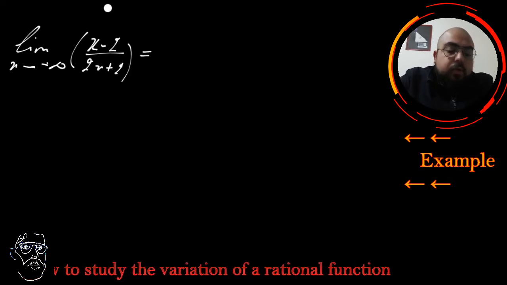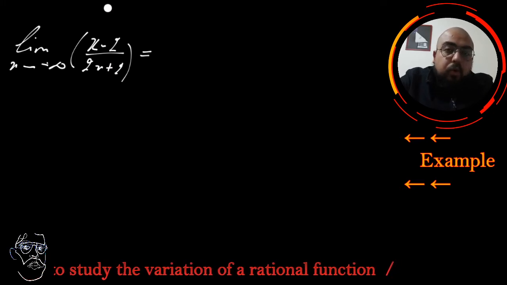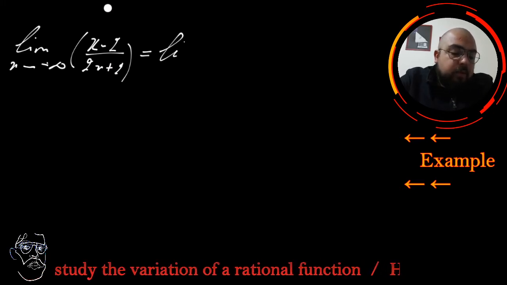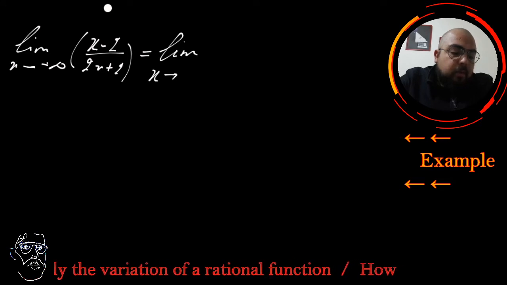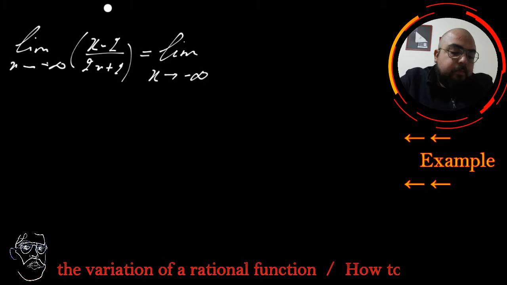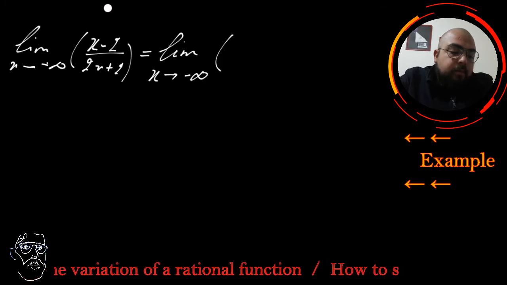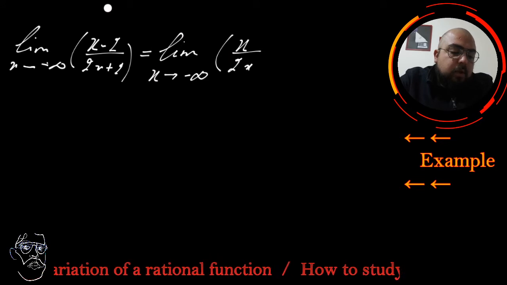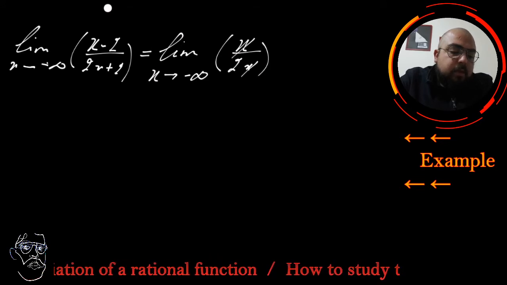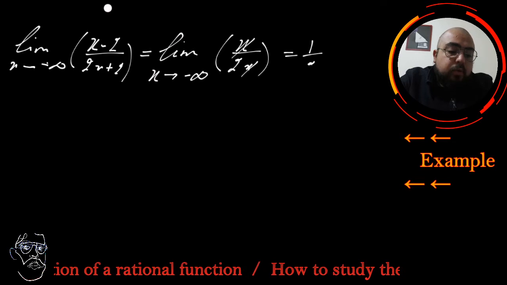We can choose the highest monomial over the highest monomial. So it's the limit of x towards minus infinity of x over 2x. You can simplify x and x. Whatever remains is 1 over 2, which is a constant.